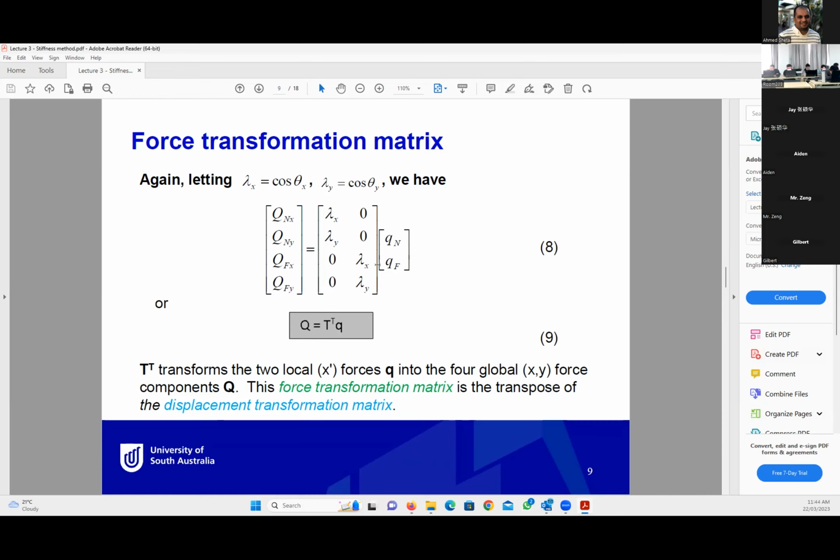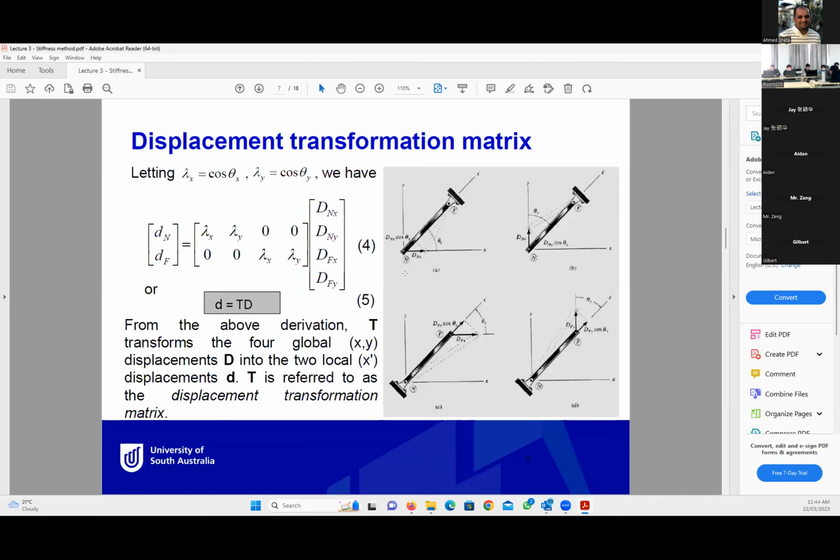So the global forces will be the transformation matrix transpose times the local forces. But in the first equation for displacement, we have the local displacement on the left hand side. So it will be the transformation matrix in its original orientation times the global displacement. So this is the difference.